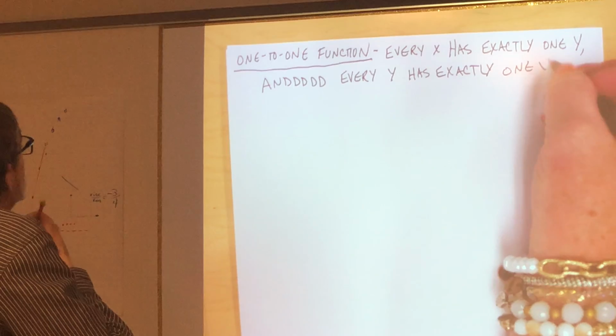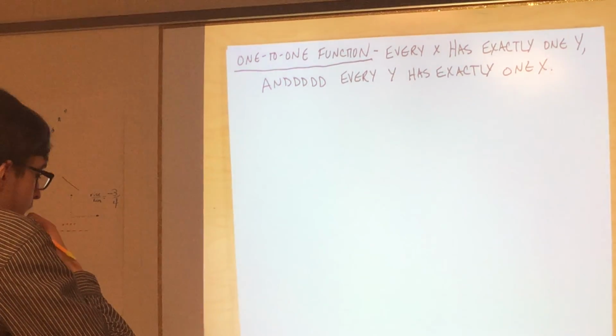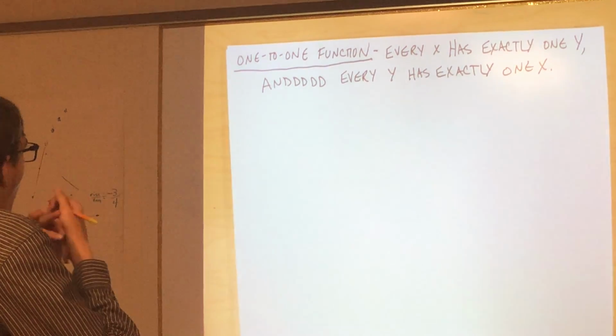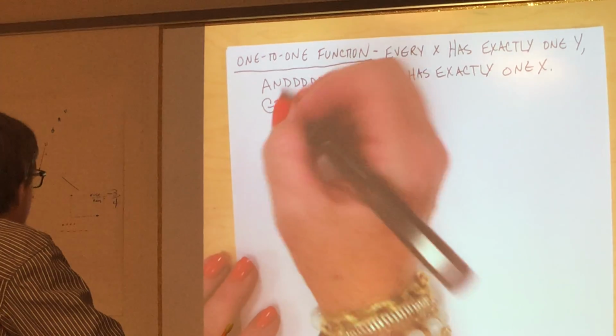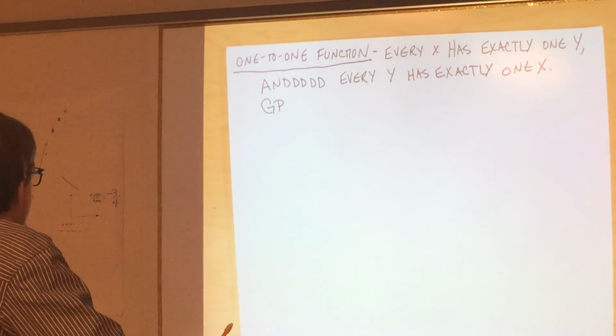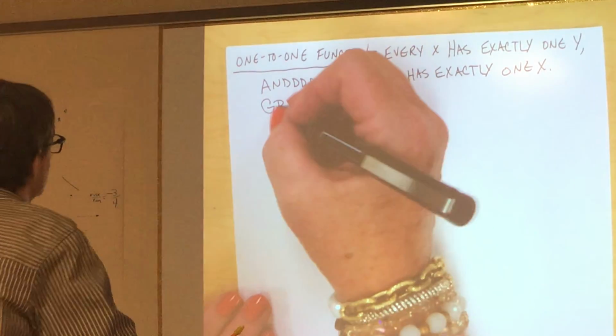Okay? So this guy, not only does every x have one y, but every y has only one x. Now that's not hard to do on a T-chart or a list of points, is it? The x's can't repeat, and what else? The y's can't repeat. But what about a graph?